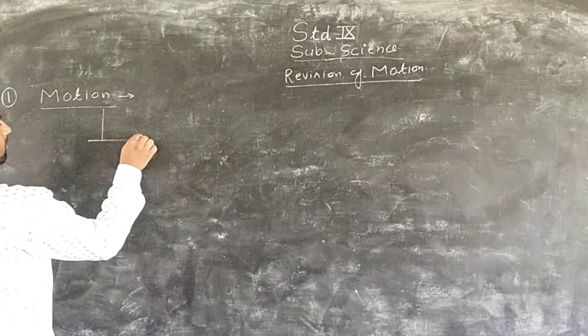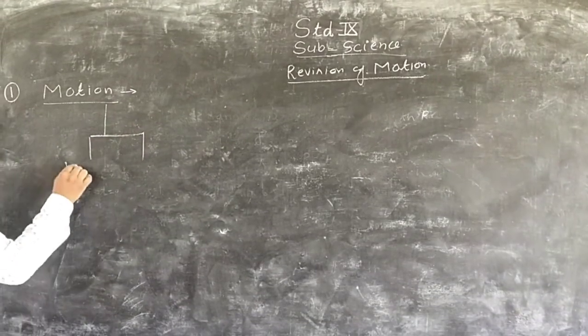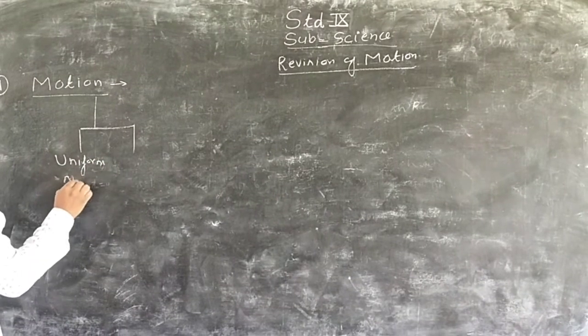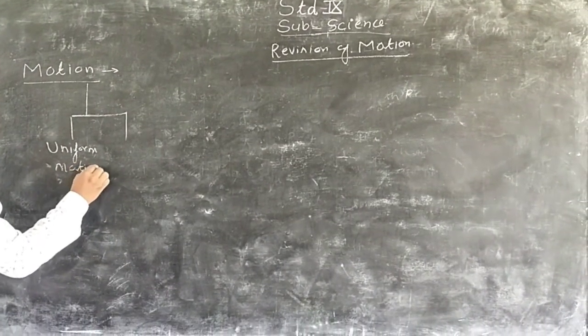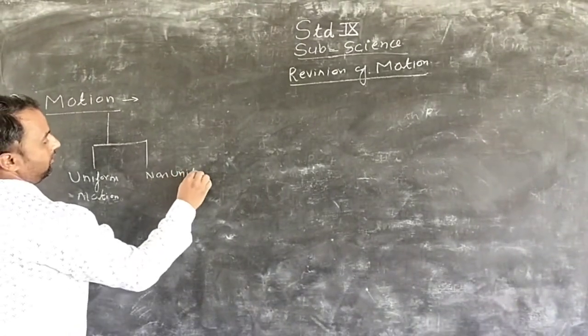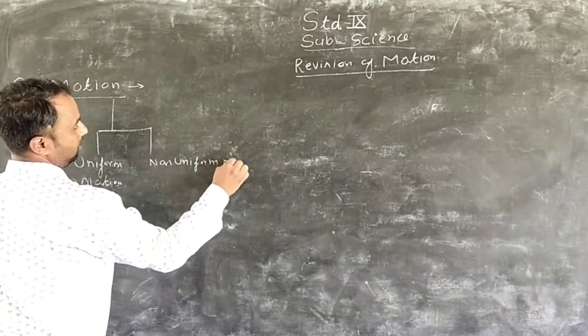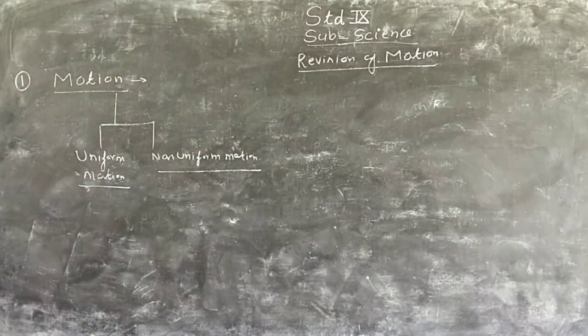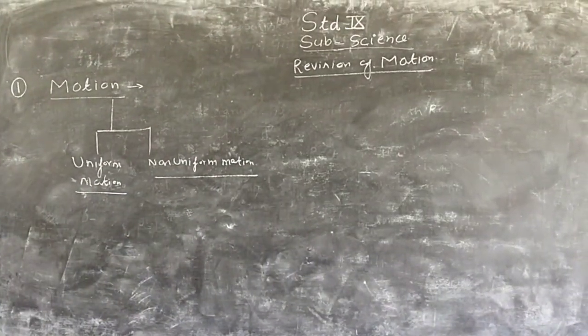There are 2 basic types of motion to be considered here. The first type is uniform motion, and the second is non-uniform motion. So we discuss uniform motion first.